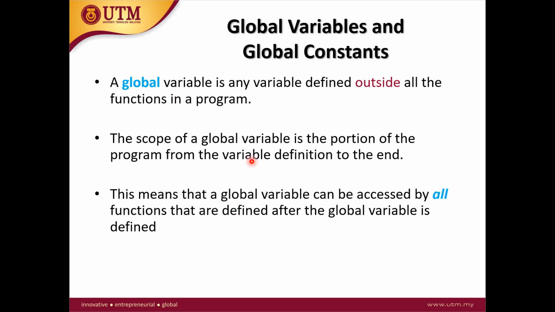But global variables are those variables which are defined outside all the functions in the program. We don't define them inside the main function or the other functions. This global variable can be used anywhere inside your entire program, in every single function, while local variables can be used only inside their own functions.